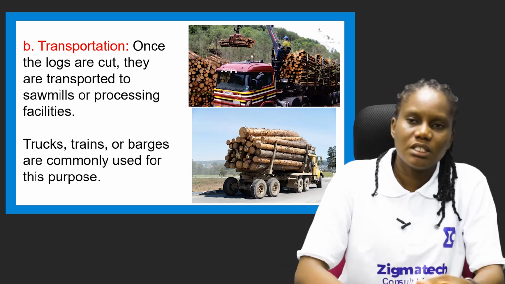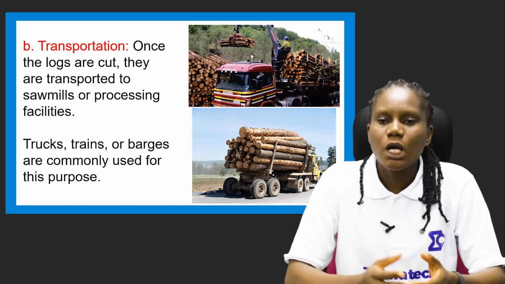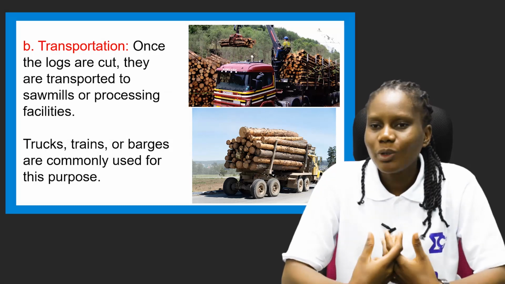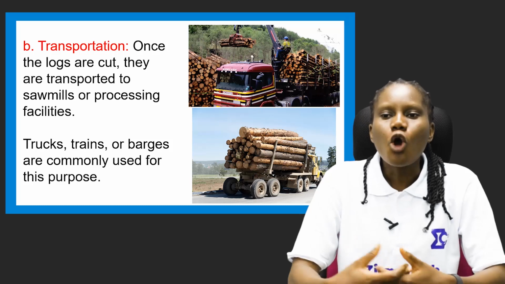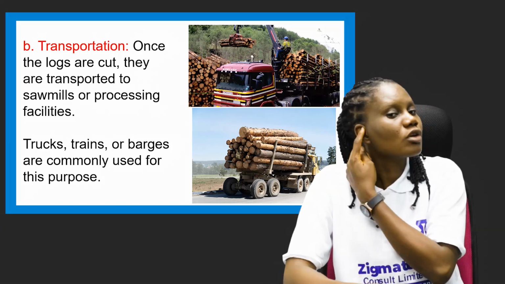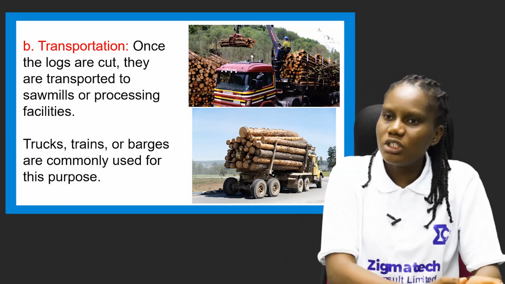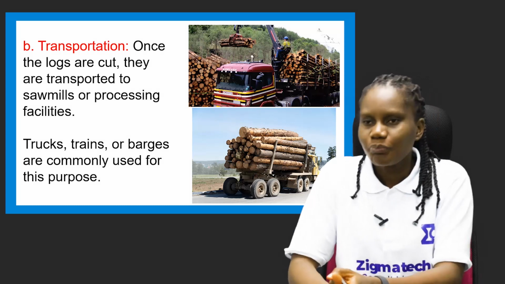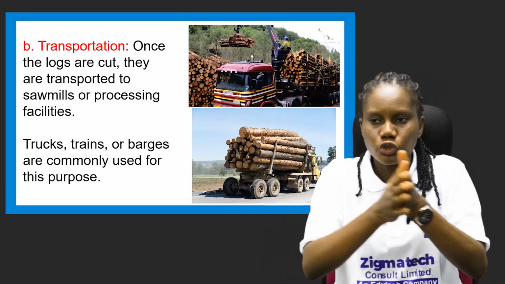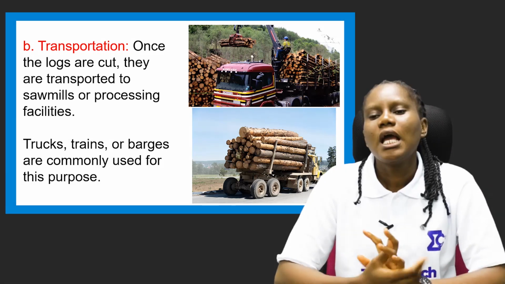Once the logs are cut, they are transported to sawmills or processing facilities. In Nigeria, most especially, we have sawmills. So the trees are taken to sawmills through the process of transportation. So what do you use to transport them? You can use trucks, trains, or barges.